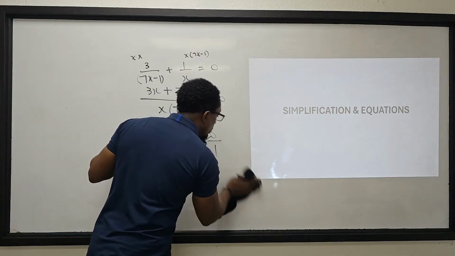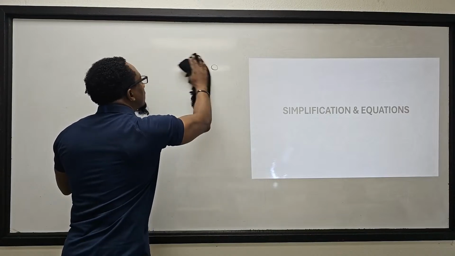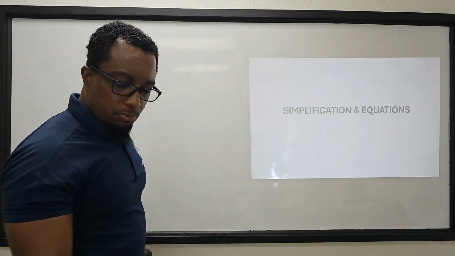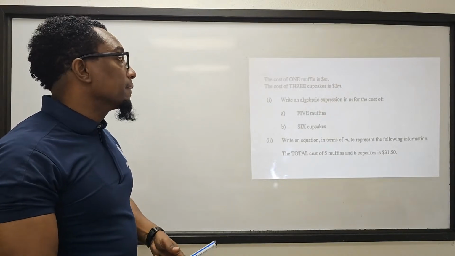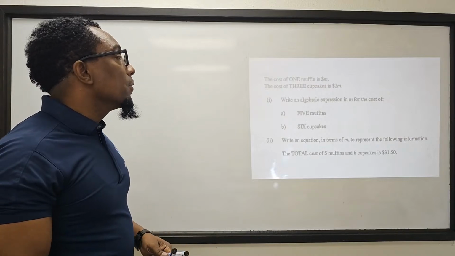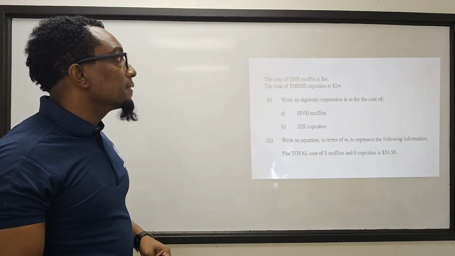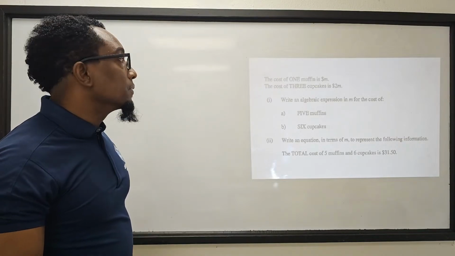Alright, let's look at simplification and equations. So merging the two, right? So you have questions in the problem solving format. So you have simplification, you have equations. So the cost of one muffin is $m. The cost of 3 cupcakes is $2m.